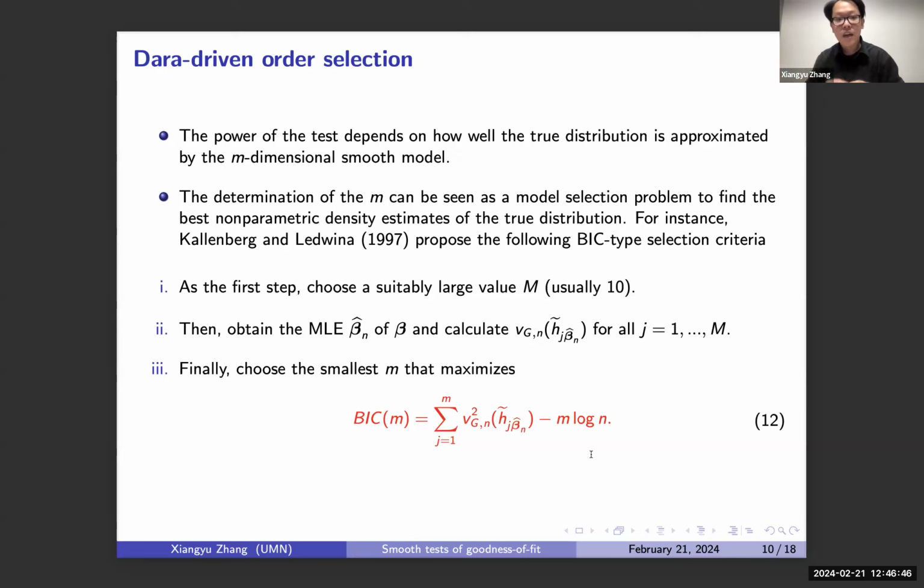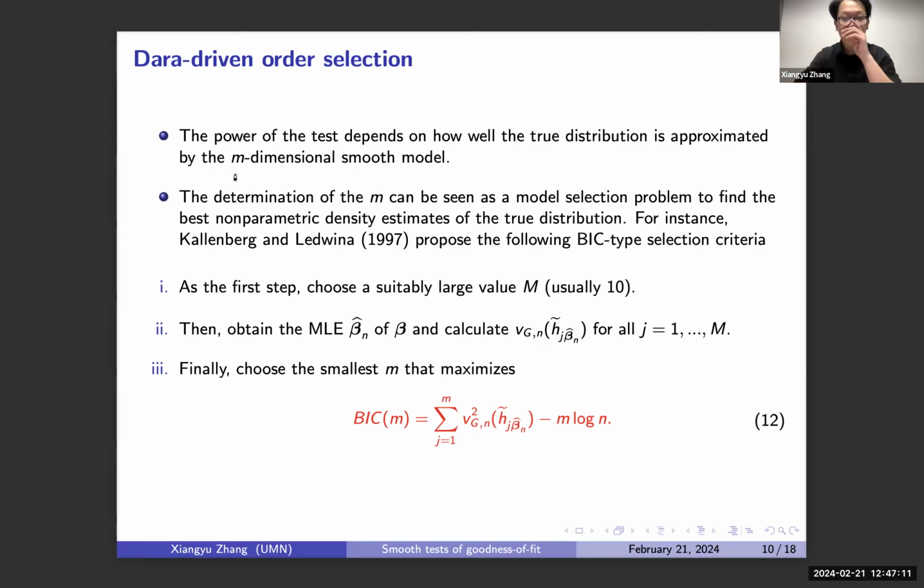On the other hand, if you make this truncation and it cannot well represent your true model, then when you perform the test, you will lose a lot of power, because many of the deviations, for example, deviations at the order of M+2, you cannot detect, so you will lose a lot of power.